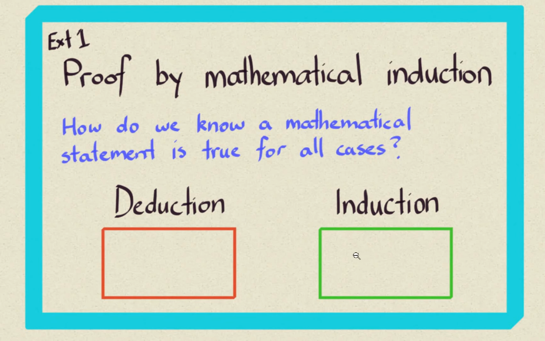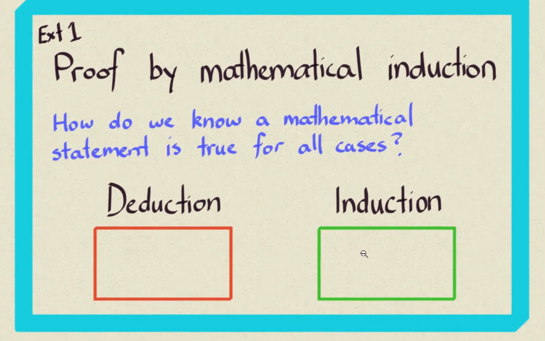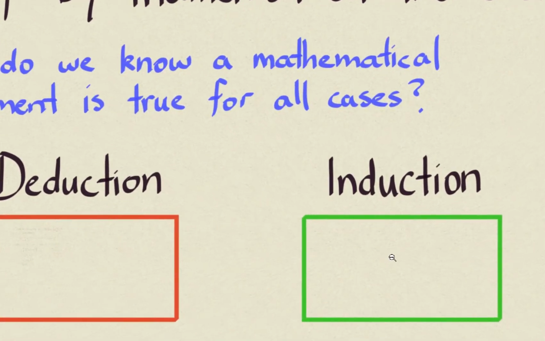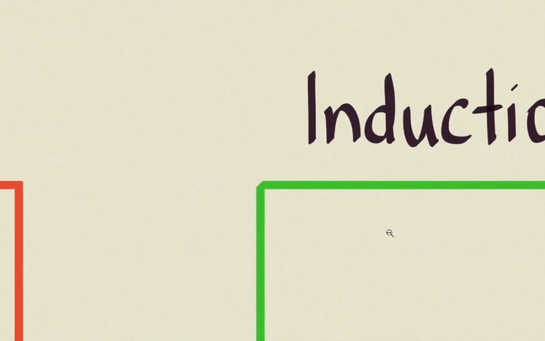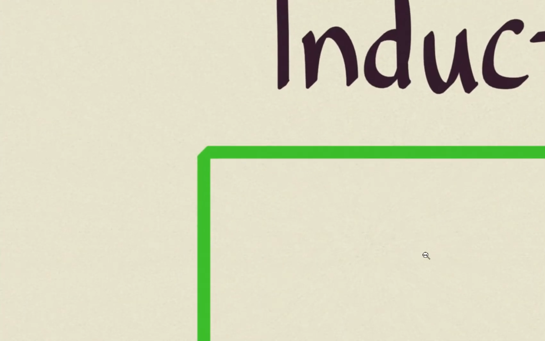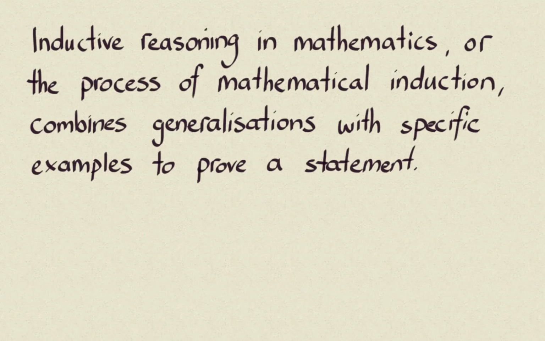But what about induction or inductive reasoning? Inductive reasoning in maths, or what we call the process of mathematical induction, takes a different approach. Inductive reasoning in mathematics combines generalizations with specific examples to prove a statement.